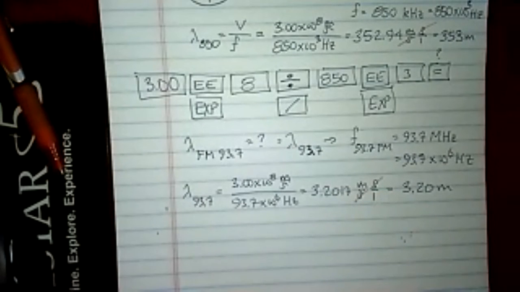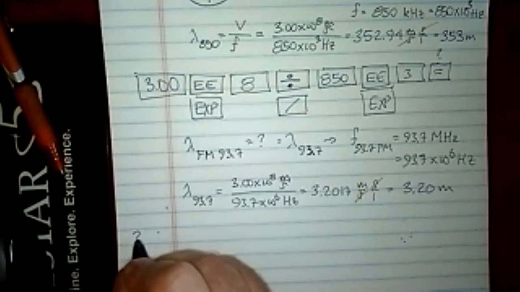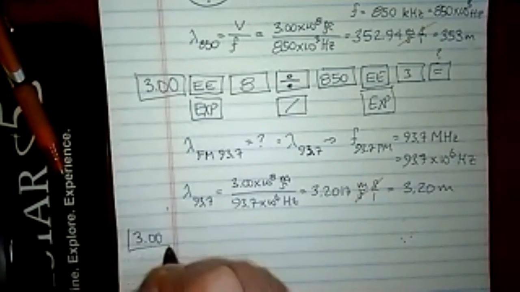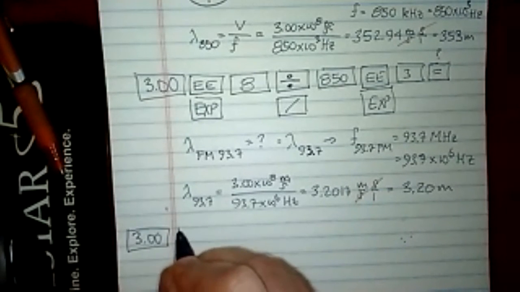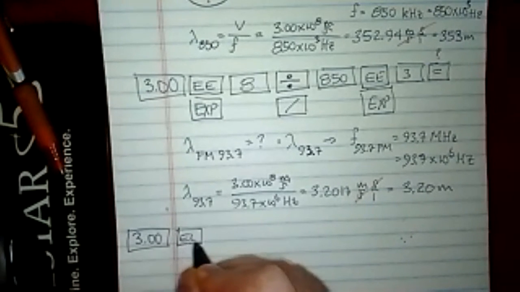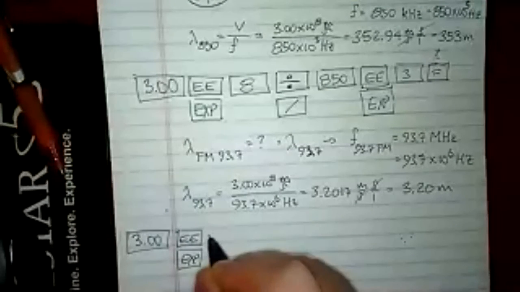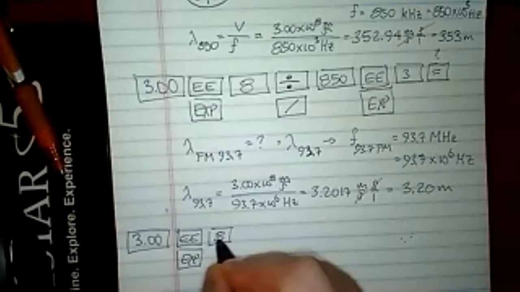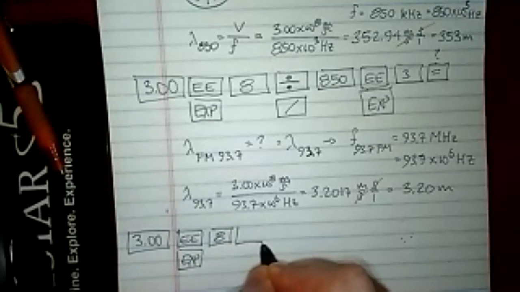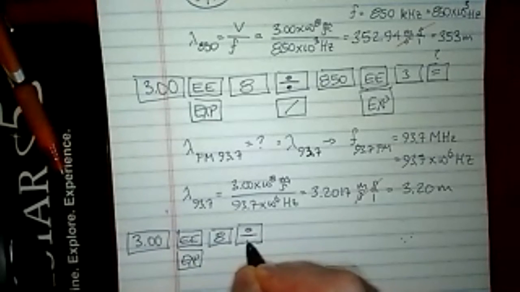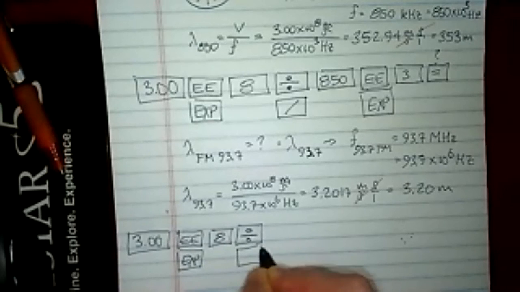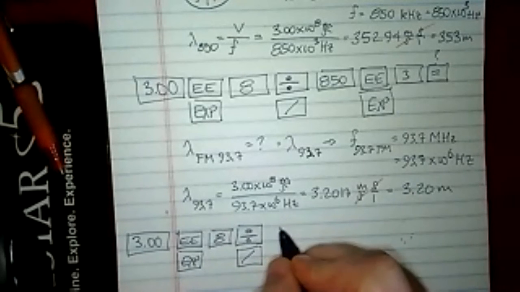Okay. Again, how would you do this in a calculator? It's the same process we did before, 3.00. We type that in, then we type either EE or EXP, and then we type in 8. And then again, we're going to use our division symbol, either this or the slash.